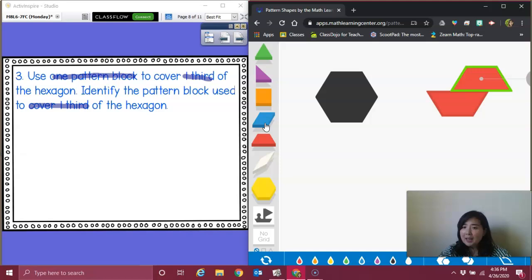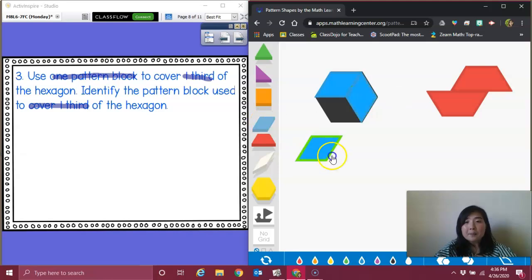So I'm going to explore with this rhombus, because I think one of them can definitely fit inside of a hexagon. So I'm going to just go with that one. And I'm going to pull out another rhombus to see if I can fit it somewhere else. And I think I could fit it in this way. Okay, let me try one more.